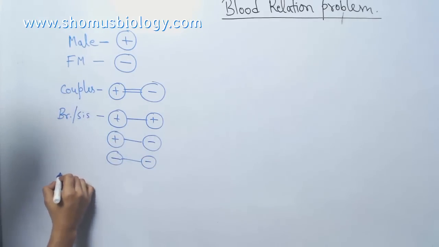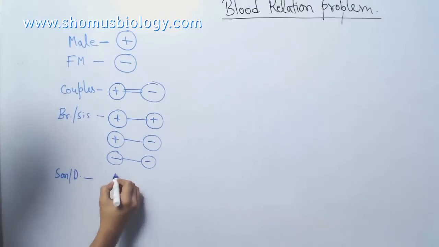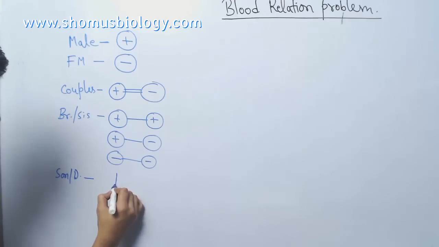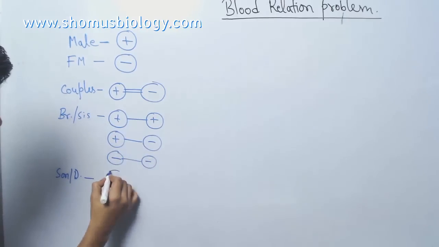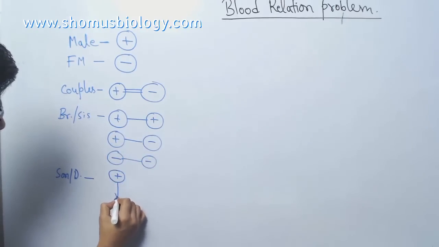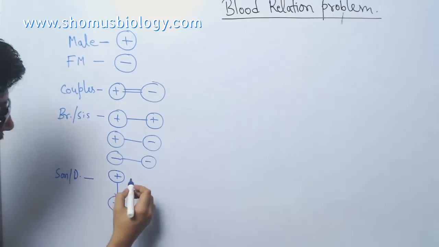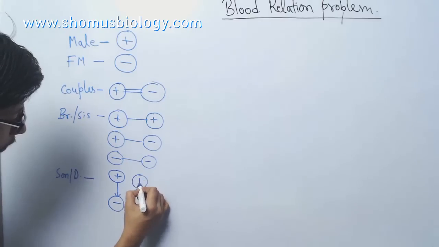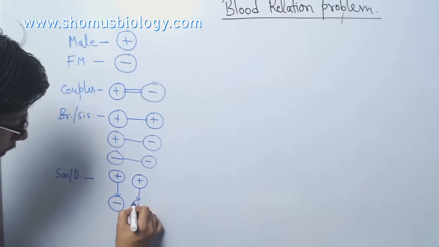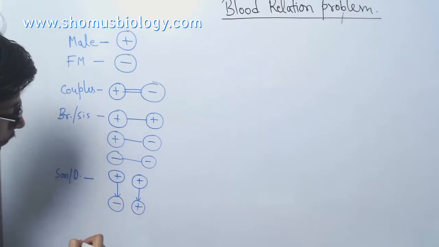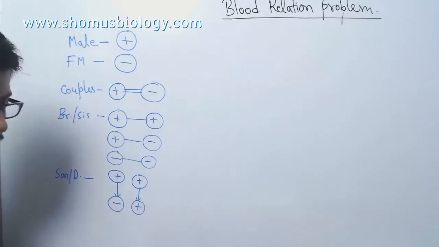And son or daughter, we link simply with an arrow. So for example, daughter of a father will be written like this, one arrow from the father. Son of a father is written like this. Okay. So if there is a father, obviously the mother will be there.